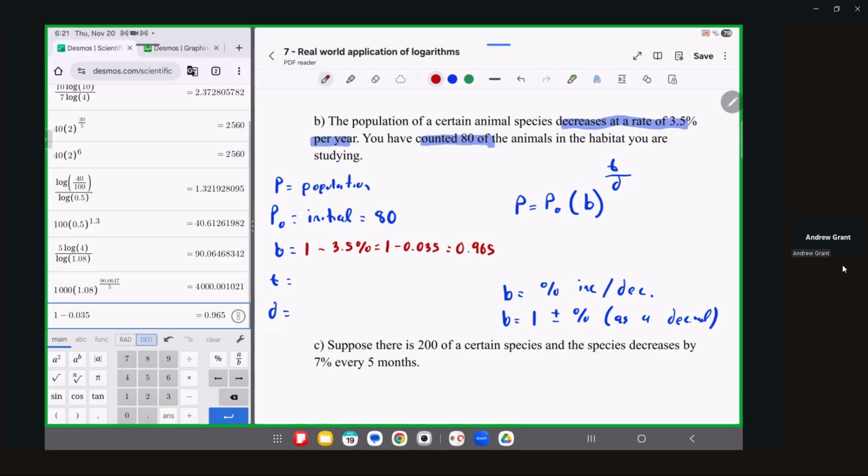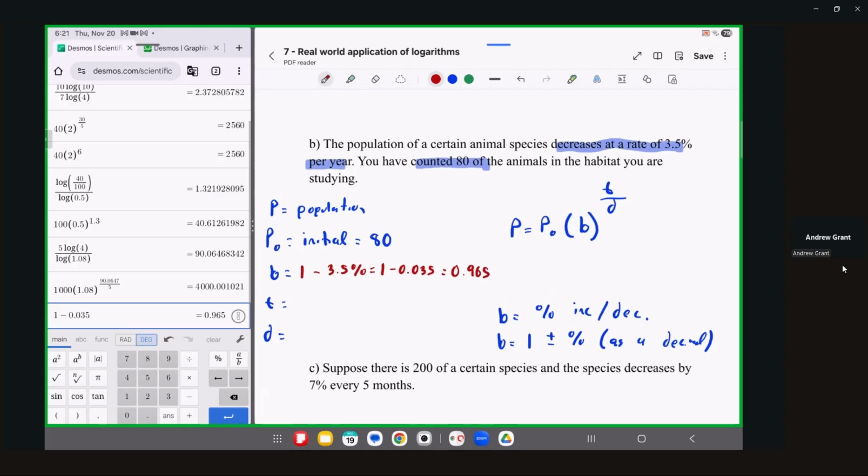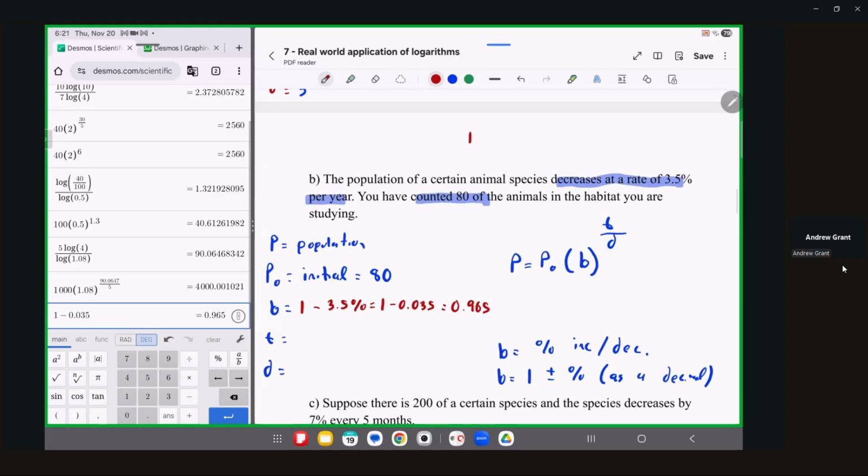So what this means is if your population of a certain species decreases by 3.5%, that means you are keeping 96.5% of the population. So we maintain 96.5% of the population.